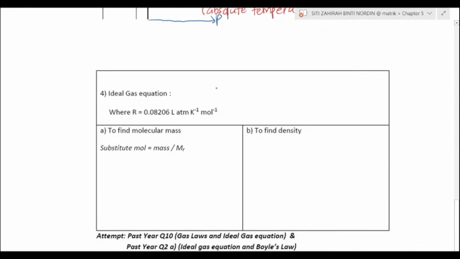Fourth, the ideal gas equation. That would be PV equal to nRT.